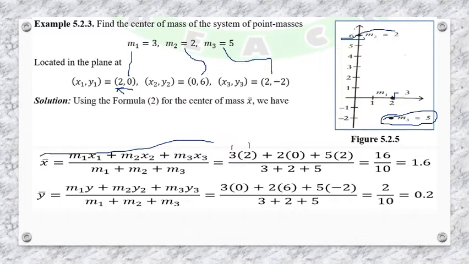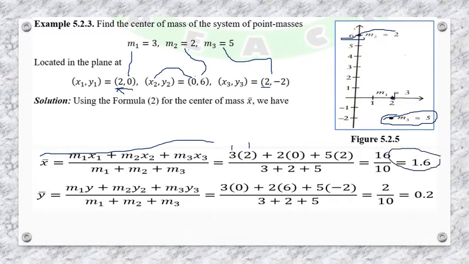Tapos, plus 2, na mass, times x sub 2, which is 0. Ito yung x sub 2 natin, corresponding value of x sub 2 is 0. And then 5 is yan yung m sub 3 natin. And then x sub 3 is positive 2. Divided by 3 plus 2 plus 5, yung sum ng masses natin. That is equal to 16 over 10, which is 1.6, yung x bar.